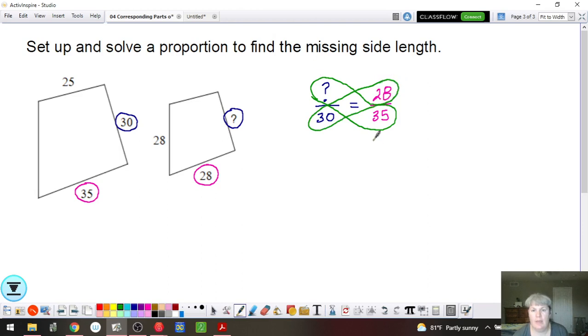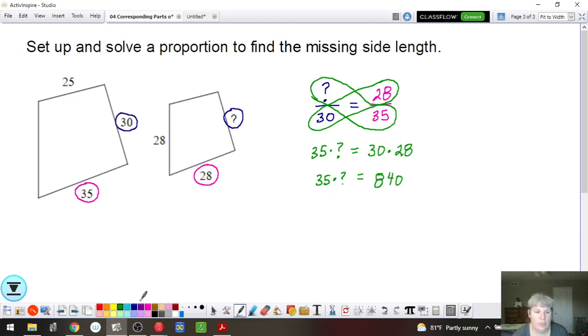It's multiplying the diagonals of the proportion. So we're going to have 35 times the question mark equals 30 times 28. So that's going to be 35 times the question mark is going to equal, let's see, 3 times 8 is 24, so I have my 4, carry the 2, 3 times 2 is 6, plus 2 is 840.